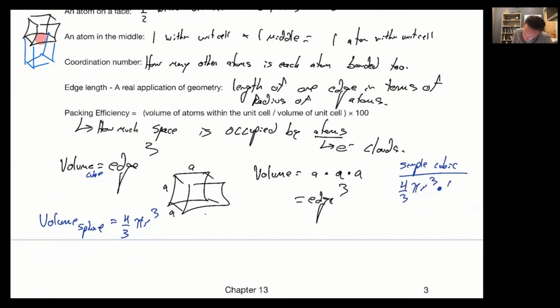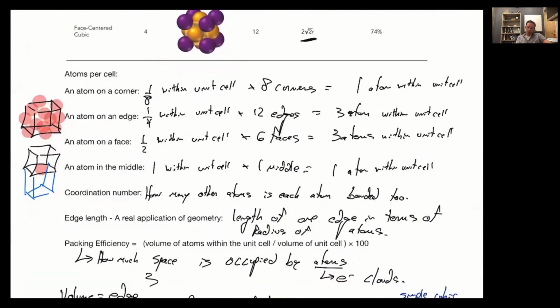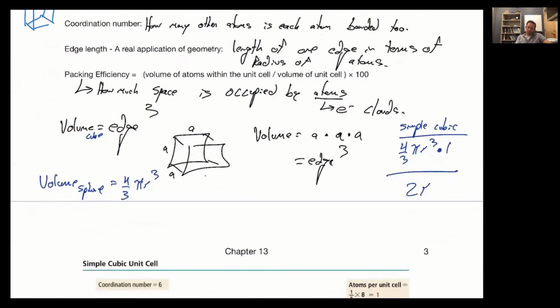I'm going to do a times 1 right here because it's multiplied by however many atoms are within the unit cell. And then divided by the volume of the unit cell. And look, we said that the edge of a simple cubic was 2r. So we could do 2r as the edge cubed. And then this has to get multiplied by 100 to get your packing efficiency.